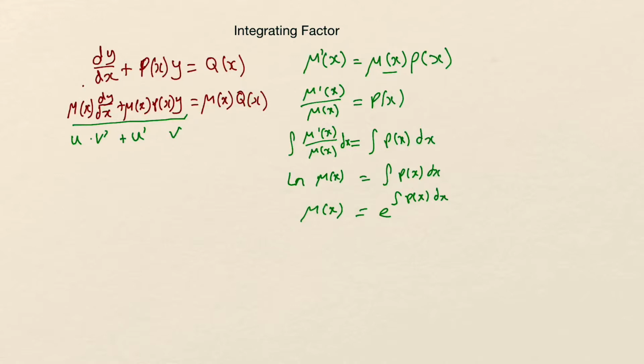So this is the formula for the derivative of a product, where u equals mu of x and v equals y. So the left hand side is equal to the derivative of y mu of x. If we equate that to the right hand side of the equation, we've then got mu of x q of x.